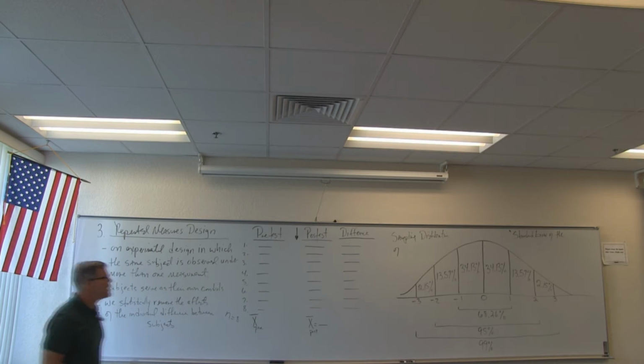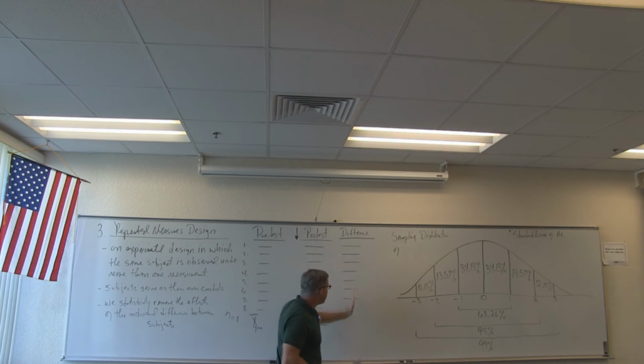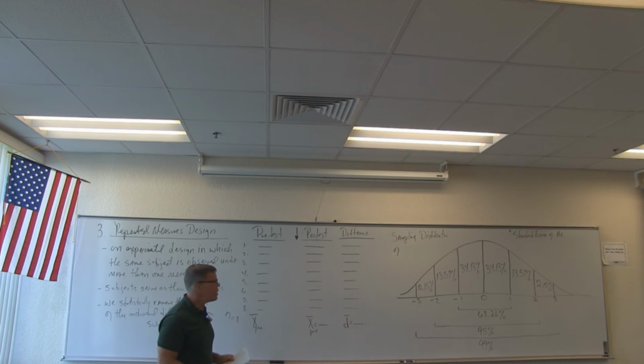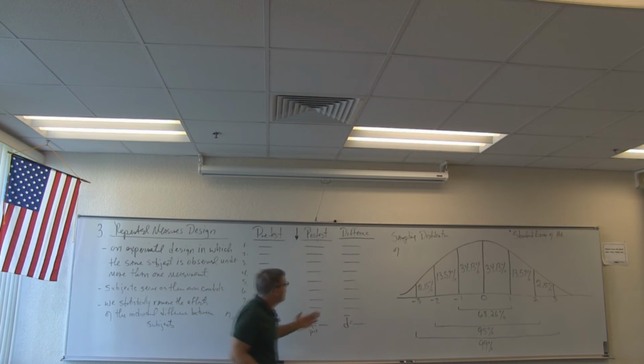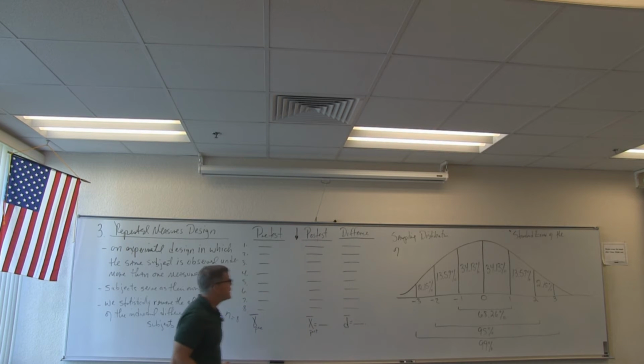And we have this new entity called d bar, the mean difference. Now we know what x bar is, the sample mean. Now we're going to be working with d bar, which is simply the sum of the difference column divided by the number of scores.